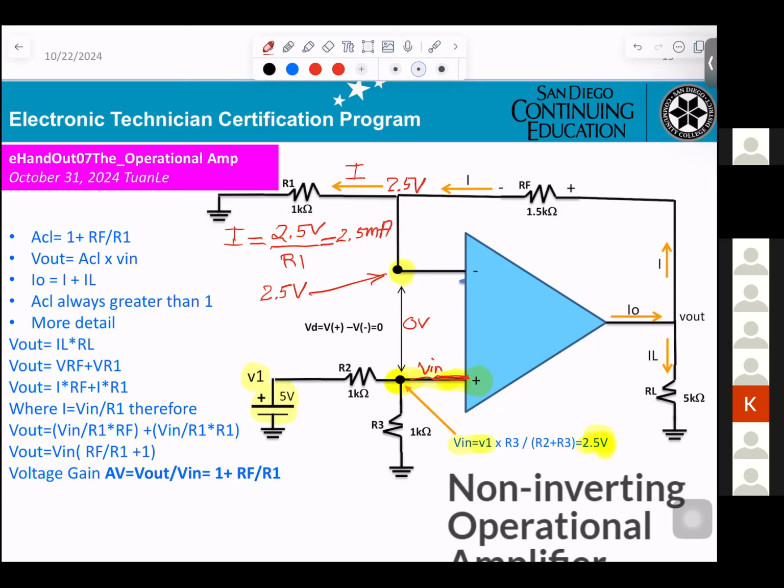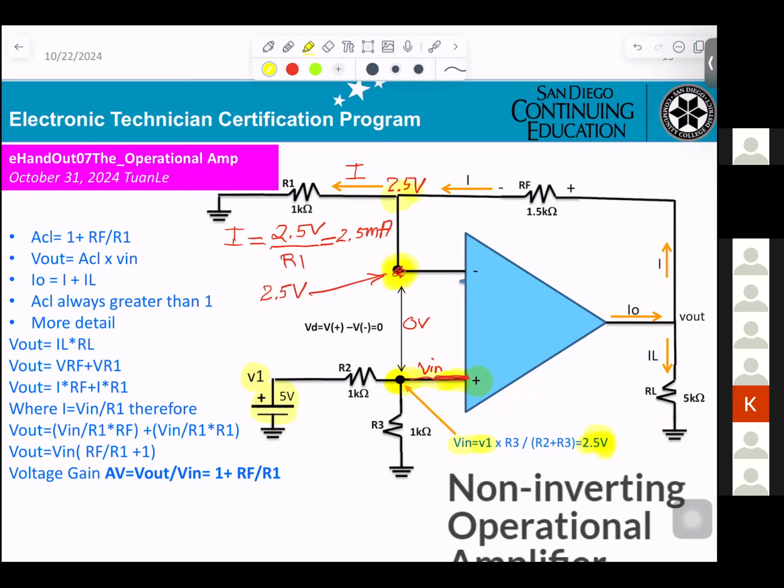Now you agree that this is 2.5 volt? Yes, correct.